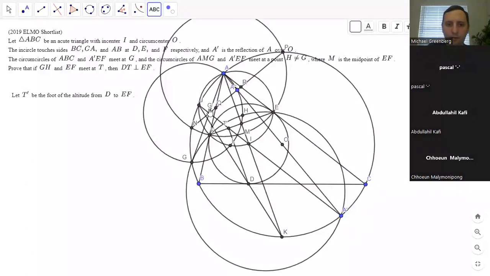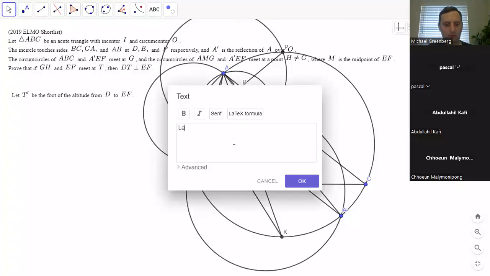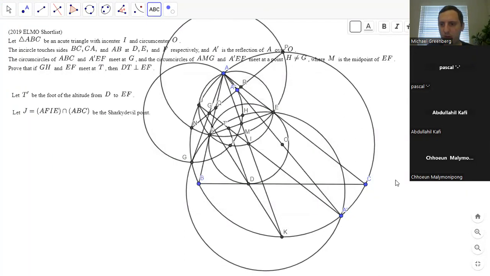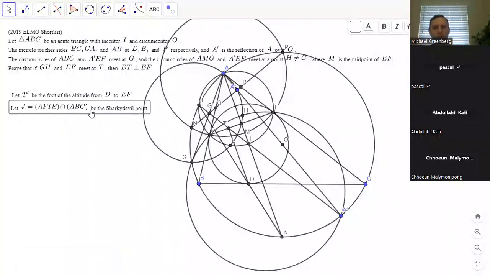By the Sharkydevil configuration, let J be the Sharkydevil point. And sorry, let me see who's still on. So by the Sharkydevil lemmas, J, T prime, I, and A prime are collinear.